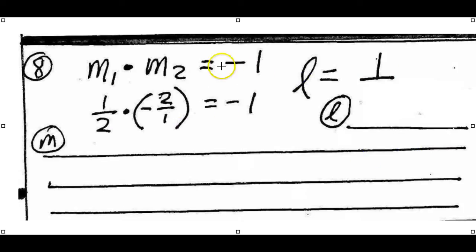Now another general hint, we're calling this hint number 8, is that here you see we are multiplying the slopes.